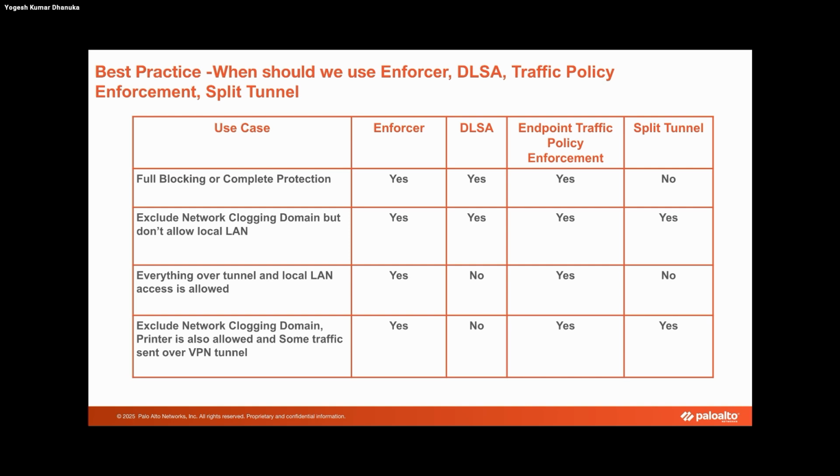And then another one which is mostly used is you're excluding network clogging domains. So all the streaming video sites, say YouTube and Netflix, are subject to split tunnel. You do allow local network access, mostly for, let's say, printer access.